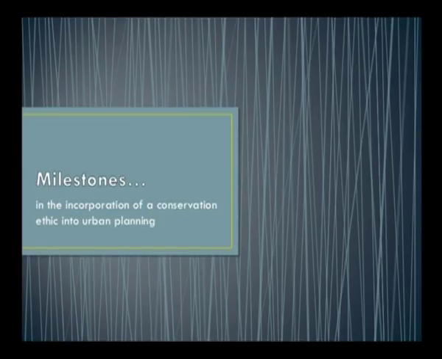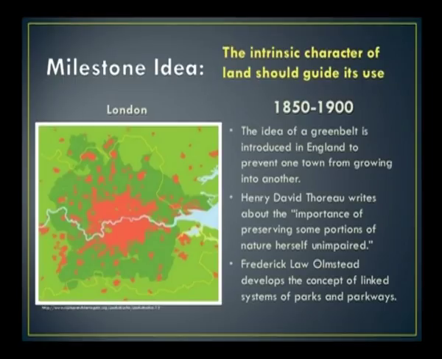Now, if you look at the milestones in the incorporation of conservation ethics into urban planning. First, you have the milestone idea in London. This changed the way conservation could be incorporated into urban planning. The intrinsic character of land should guide its use.